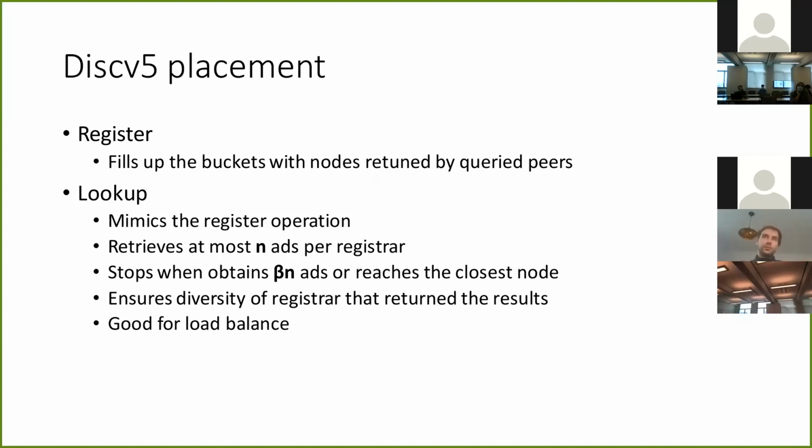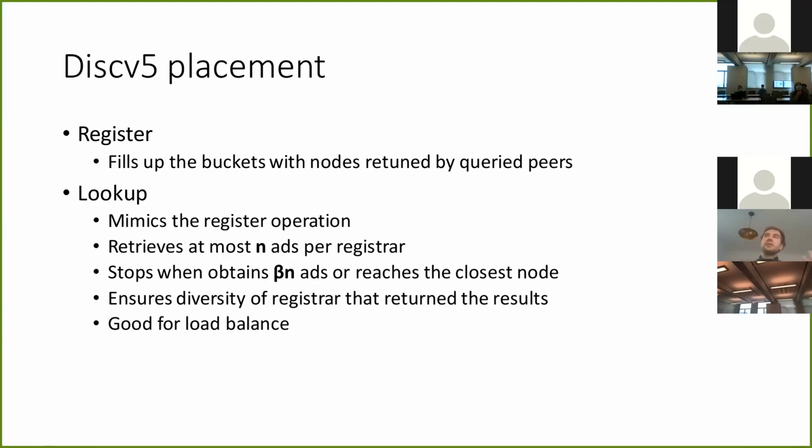And this gives us two properties. First of all, it ensures the diversity of the registrars that return me results. So if I'm very unlucky and the first node is malicious, it cannot just give me 100 nodes and have me say, okay, I'm done, because that would expose us to a risk of being eclipsed. And also this is good for load balancing, because I start with bucket 1, then bucket 2, 3, 4, and so on.